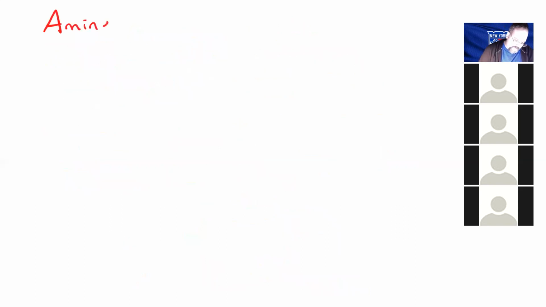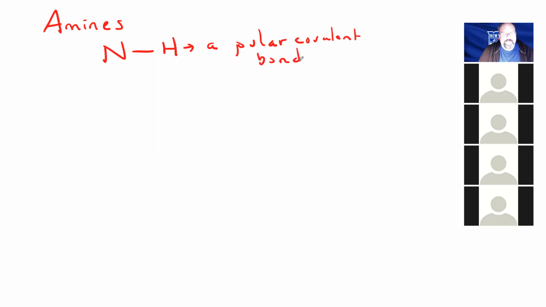Let's talk about amines and their solubility in water. So, like OH, NH is a polar covalent bond. Nitrogen is more electronegative than hydrogen, so the electrons in that bond are going to be shifted towards the nitrogen.